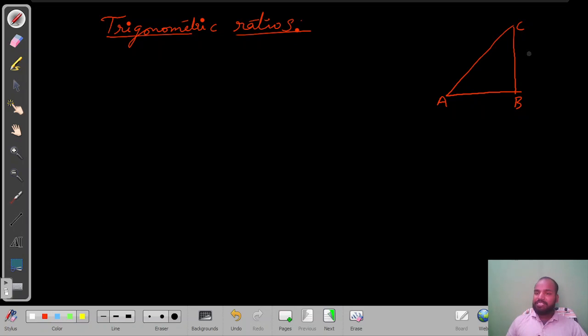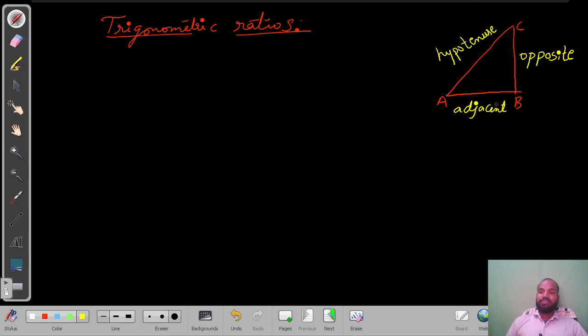I am naming the sides. What is this side? This is the opposite side. Next, this is the adjacent side. And now this is the hypotenuse.